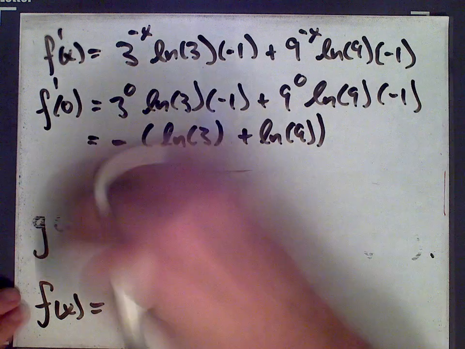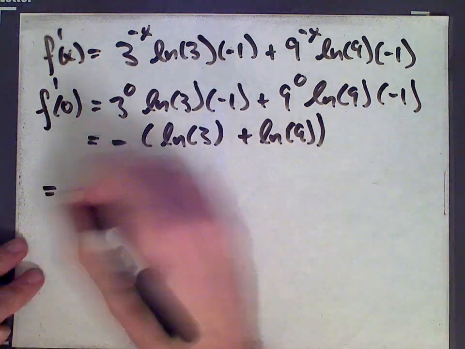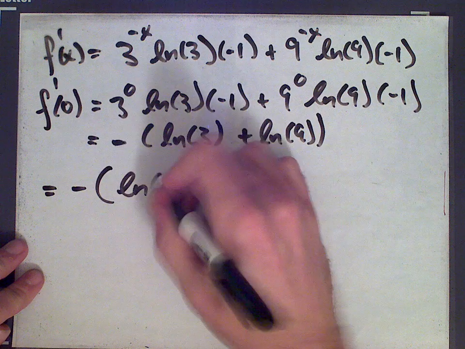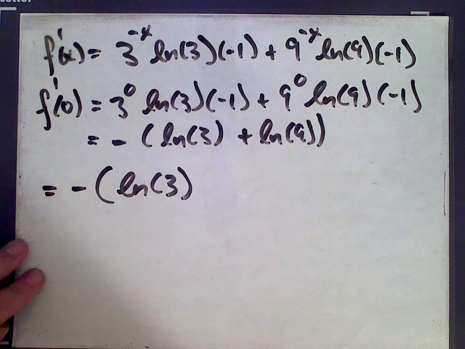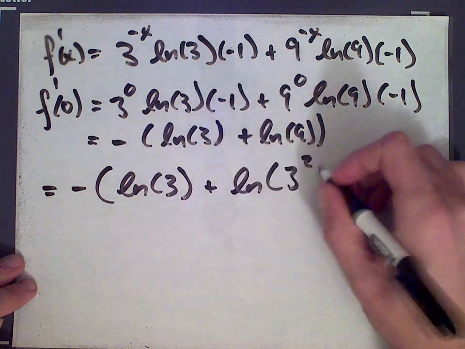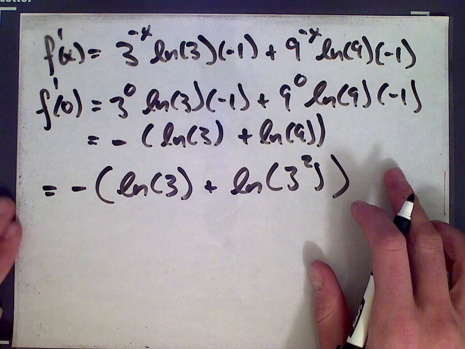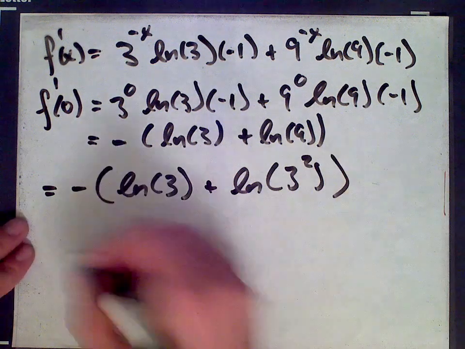Now ln of 9 is ln of 3 squared, which is 2 ln of 3. So we'd just like to simplify this. If you have the answers in front of you, you'll see that a lot of the answers are in terms of ln of 3.